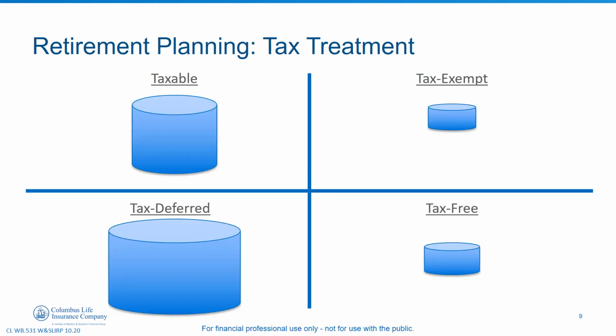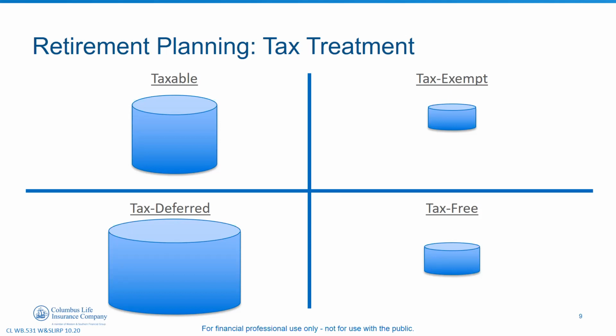Now, if we look at how these assets are positioned from a tax perspective, some individuals' assets are going to be allocated like the following. The largest holding in most cases will be the tax-deferred asset class because of retirement savings. Normally, it will be followed by taxable assets because of cash and non-qualified savings or securities that a client might hold.